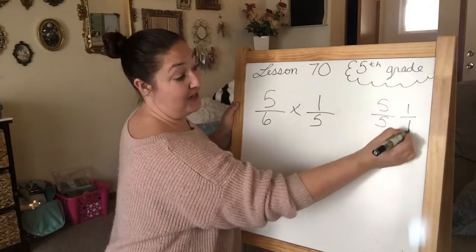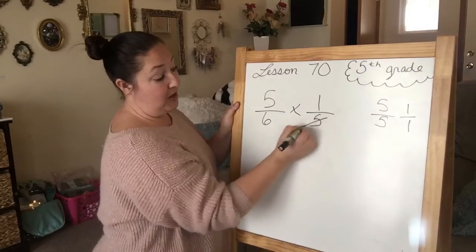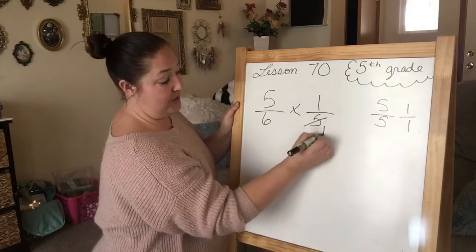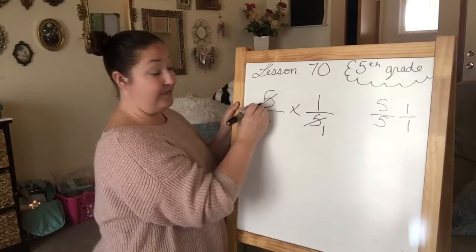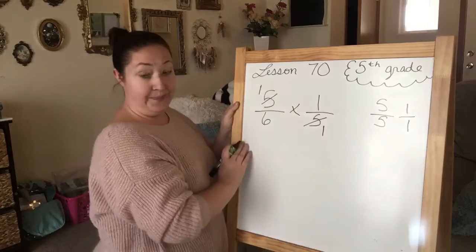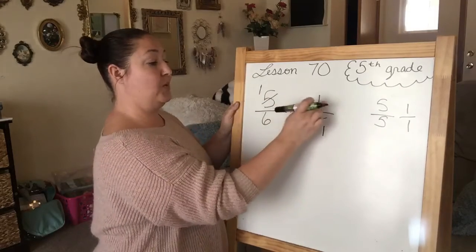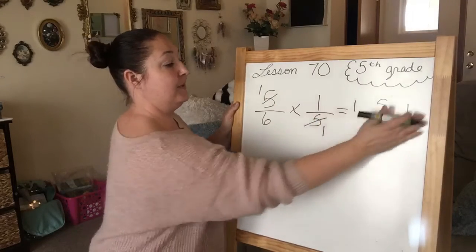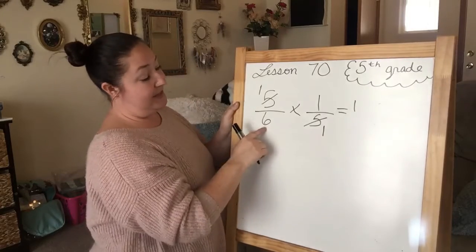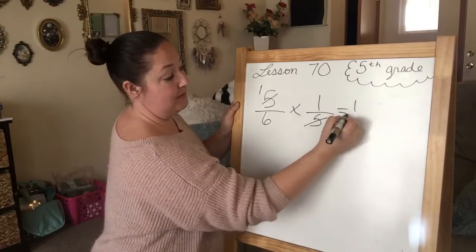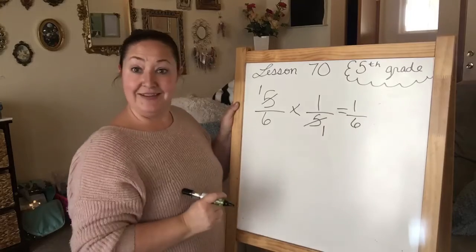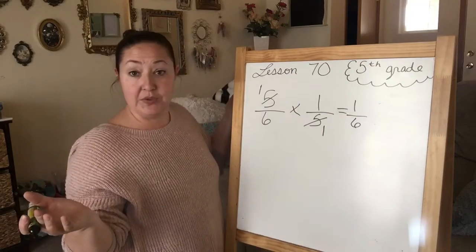So we can cross out our 5, and we can cross out this 5, 5 goes into 5 one time. Now 1 times 1 is 1. And 6 times 1 is 6. And now we have 1/6, and we didn't even have to reduce afterwards. We reduced before.